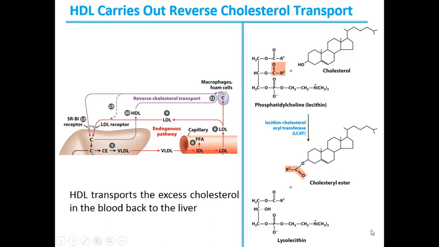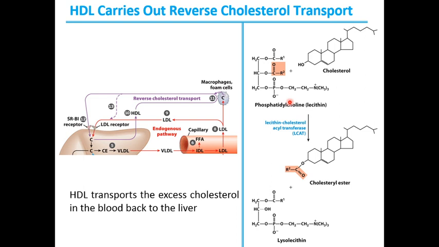HDL, or high density lipoprotein, is the fourth major lipoprotein in mammals. HDL originates in the liver and small intestine and contains relatively little cholesterol and no cholesterol esters. HDL also contains ApoA1 as its primary apolipoprotein. It also contains the enzyme lecithin cholesterol acyltransferase, or LCAT, which catalyzes the formation of cholesterol esters from phosphatidylcholine and cholesterol.